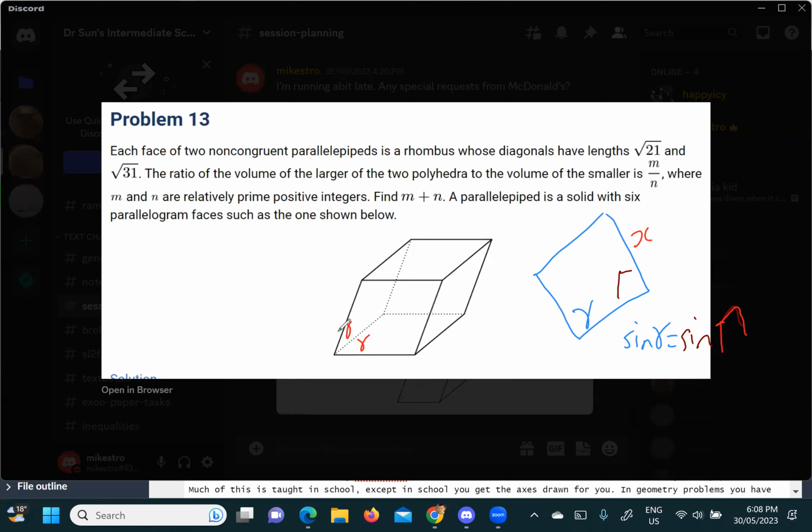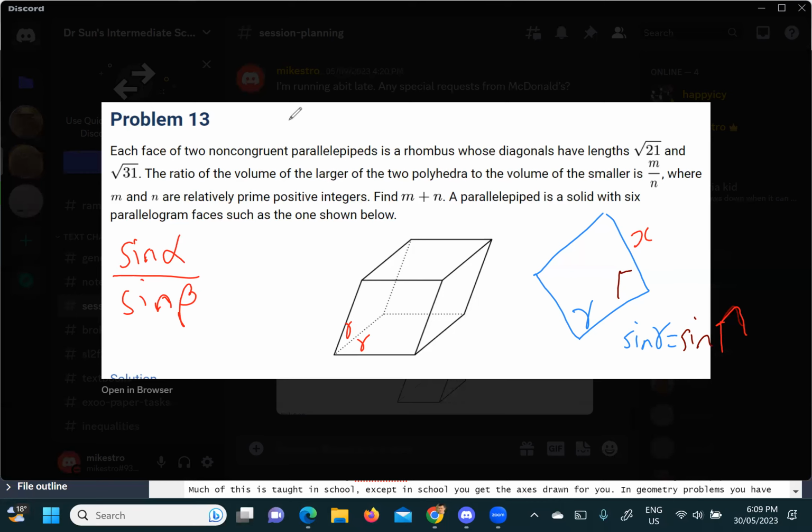And we're claiming that the ratio of the heights is given by sine alpha on sine beta, where alpha and beta are determined by these conditions.